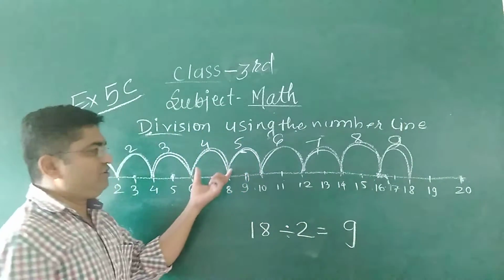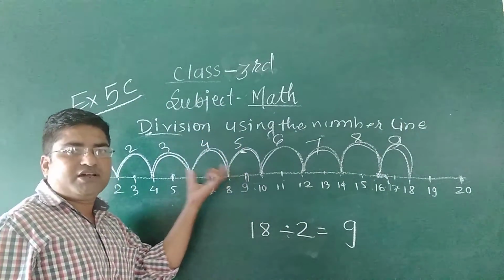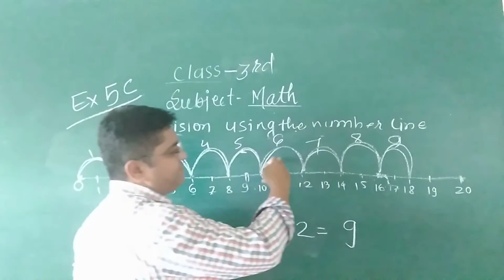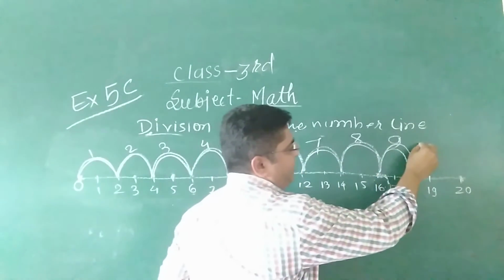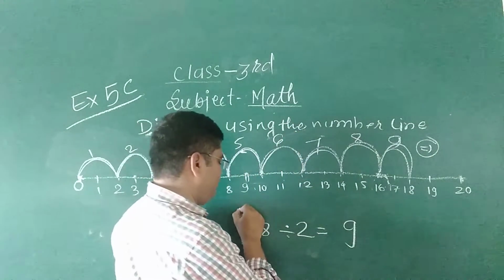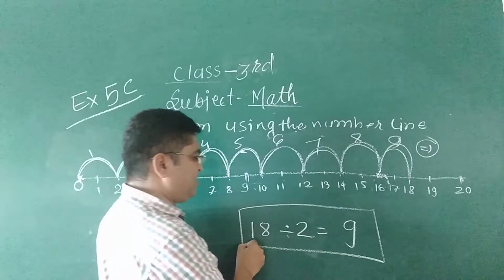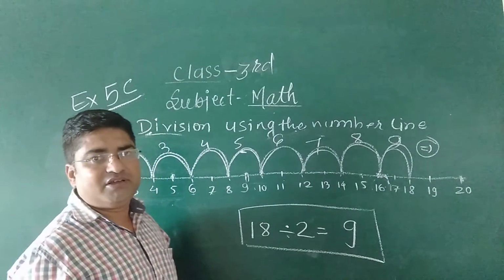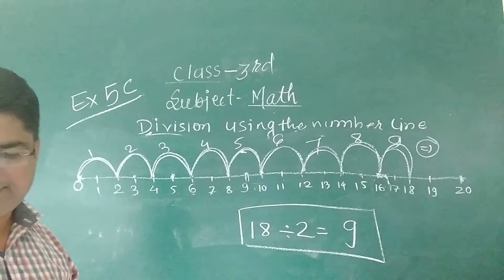In this way we solve it and count: 1, 2, 3, 4, 5, 6, 7, 8 and 9. So 18 divided by 2, what is the answer? 9 is our answer. So note down it.